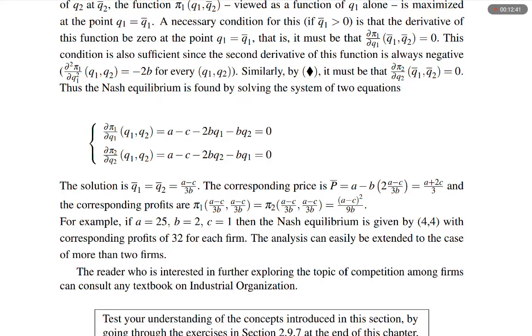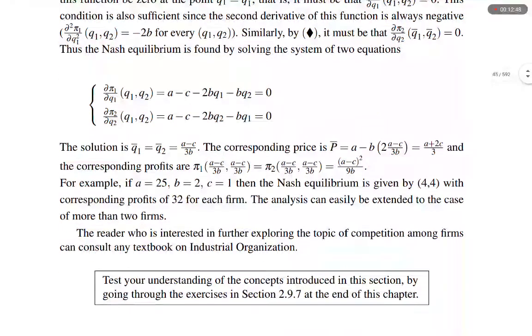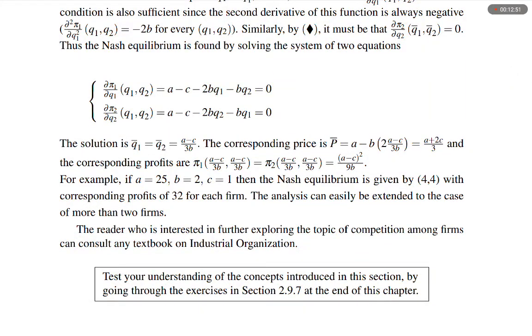This condition is also sufficient since the second derivative of this function is always negative. The partial second derivative of π₁ with respect to q₁ squared at (q₁, q₂) is equal to −2B for every ordered pair (q₁, q₂).